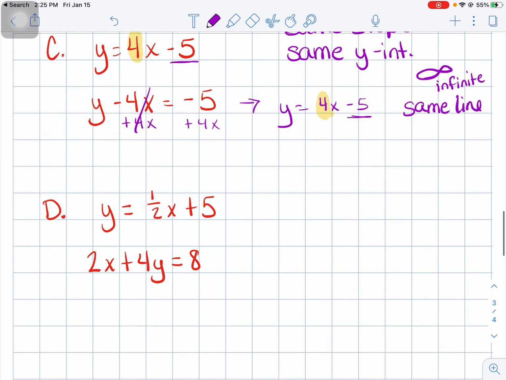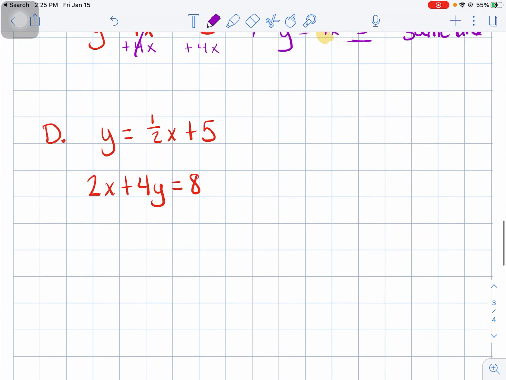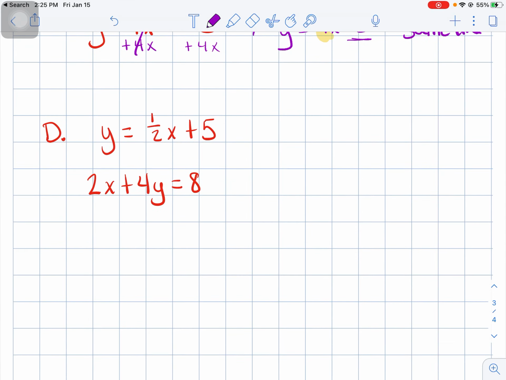All right, so let's do a little challenge one here. So we start here, we have one in y equals mx plus b. We have a slope of 1/2, and we have a y-intercept of 5. This one is not in slope-intercept form. This is actually in standard form. So we're going to go ahead and change it. So we want to get y alone, so we've got to move everything else away.